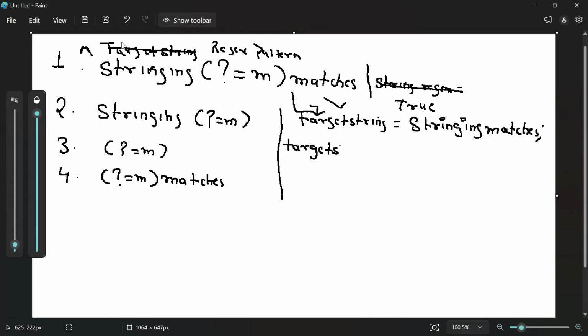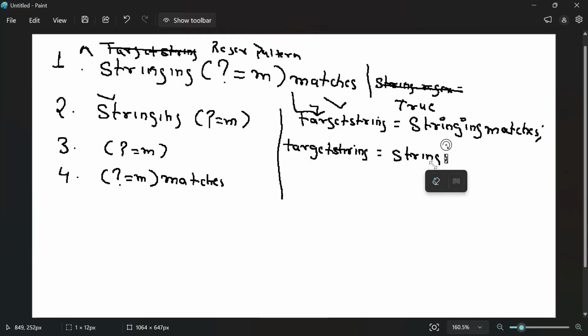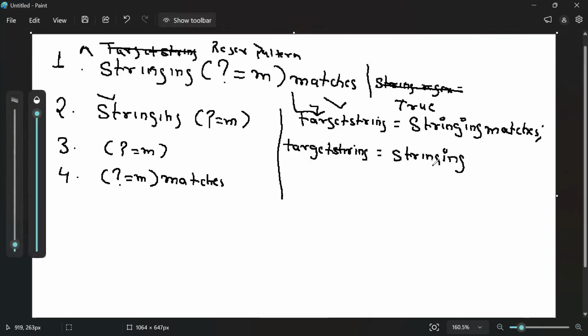Another target string we have here is the one which will match this. So we have stringing here, and then we have M here. So this example will match this.